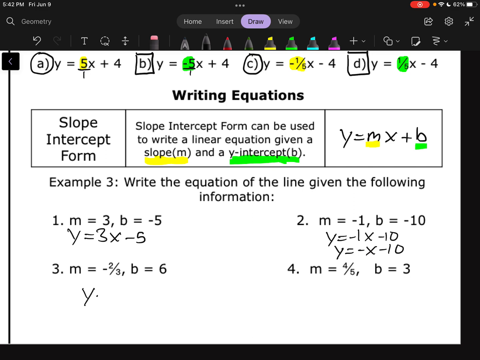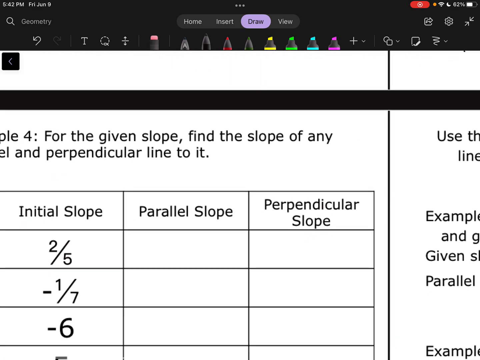For 3, we could say y equals negative 2 over 3x plus 6. And for 4, we could do y equals 4 over 5x plus 3. So once you've got your m and your b, you're good to just plug it on in to write that equation. So that's how we write a basic equation. But now let's get back to the parallel and perpendicular stuff.